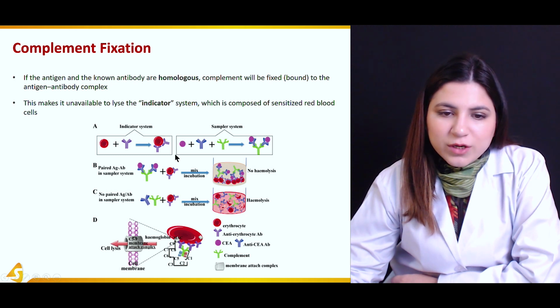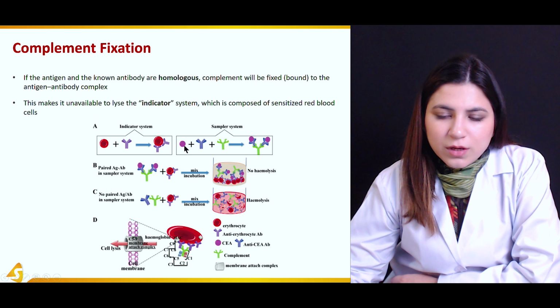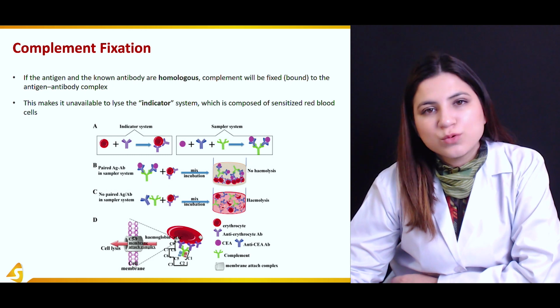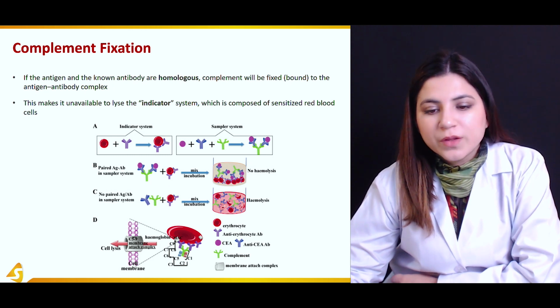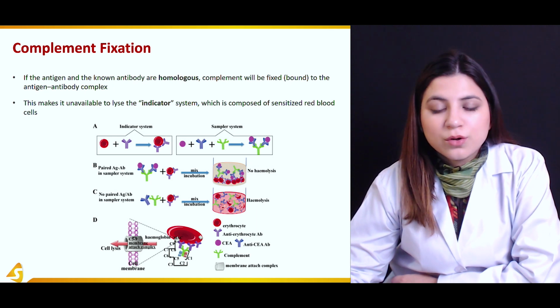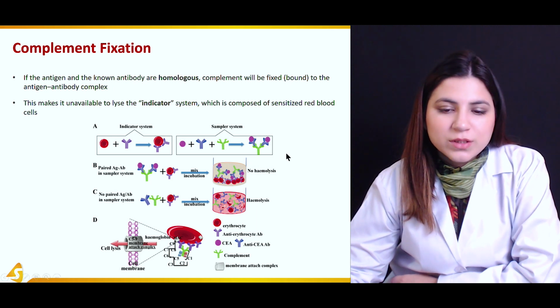And if the antibodies and the antigen are complementary, they will bind to each other. And once they're bound, the anti-erythrocyte antibody won't be able to lyse the erythrocytes, and thus no hemolysis will occur. And this will show that yes, there is presence of that particular antigen against which we have the known antibody. And so this will help us identify the type of virus or the cells that are infected with a virus.